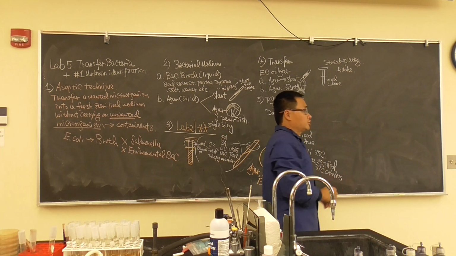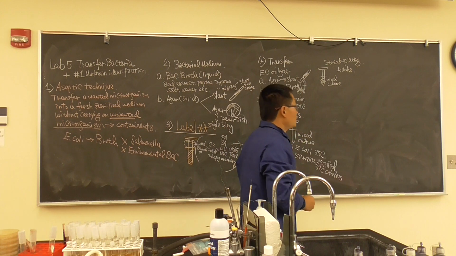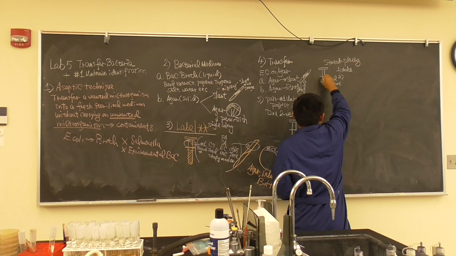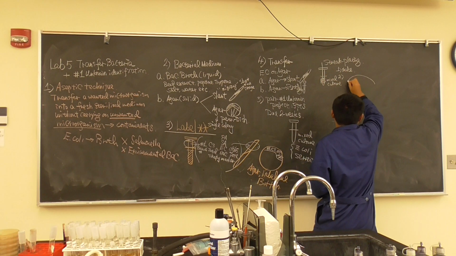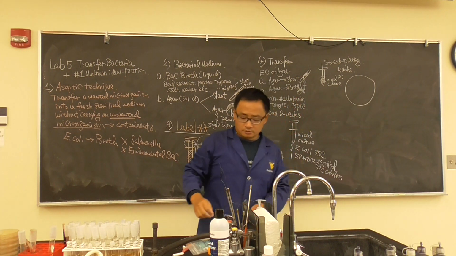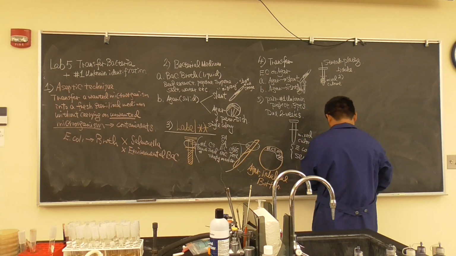Don't forget about it. You shake, you mix it. Then how do you do it? We're going to use a loop to pick the bacteria, going from another place. Let me draw it.